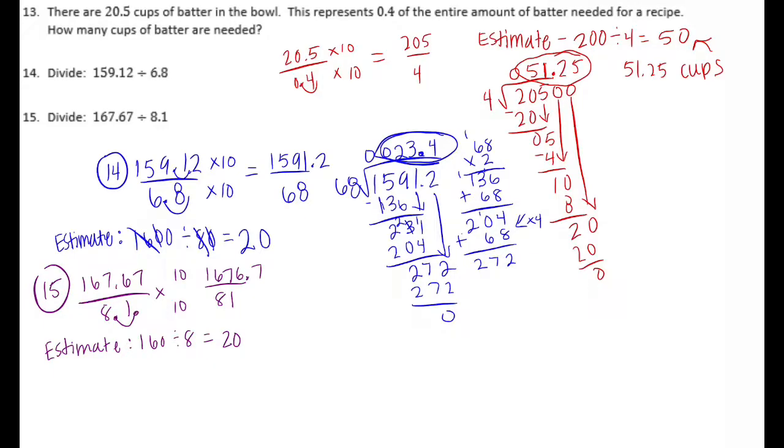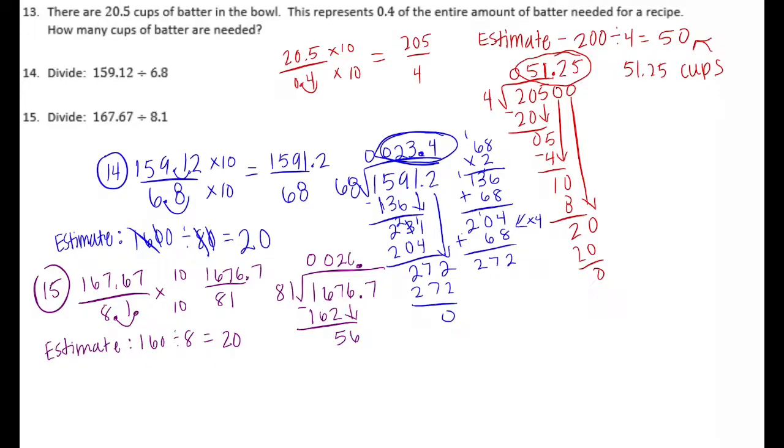Now we can divide. Okay, bring my decimal point straight up. 81 can't go into 1 or 16. It could go into 167. I think twice, because 80 times 2 is 160. 81 times 2 would be 162. So we get 5, bring down the 6.